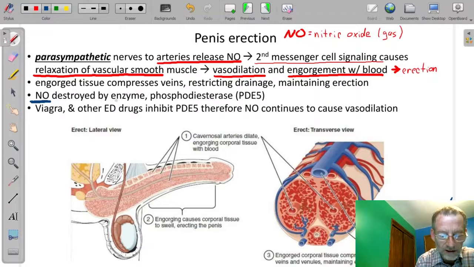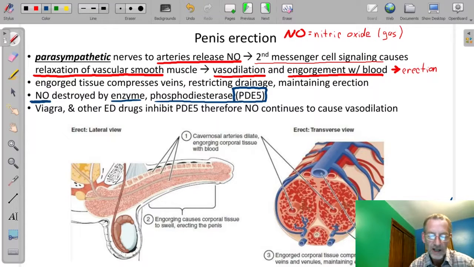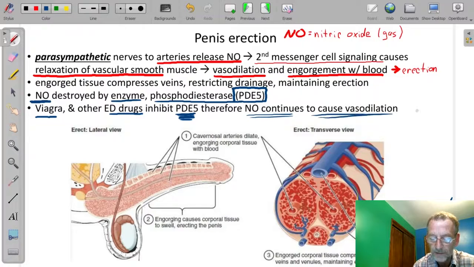So normally it's destroyed by this enzyme called phosphodiesterase, or PDE, and there are several different types of it, so they just call it phosphodiesterase number 5. Just a particular enzyme that occurs naturally. And the drug, Viagra and other ED drugs that work similarly, inhibit the phosphodiesterase. Therefore, nitric oxide continues to cause vasodilation, and away you go.